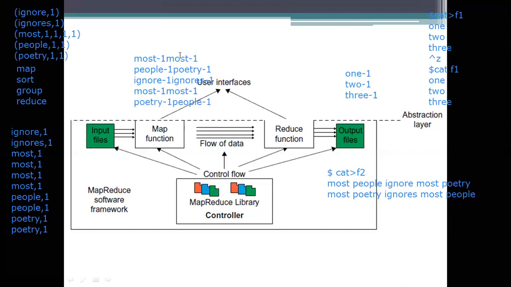So this one is the mapping function, because this is the input file, this is the mapping function, and we have used sorting here. Why we need to sort here is, we need to know how many times an element has been repeated. And then next we need to take the grouping into account.